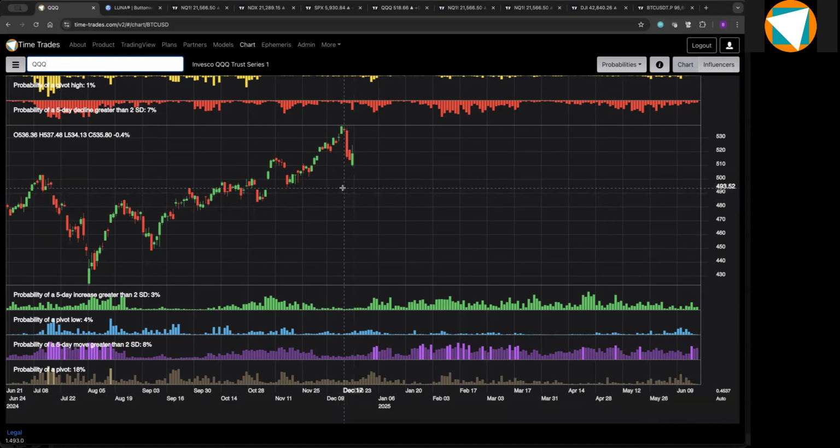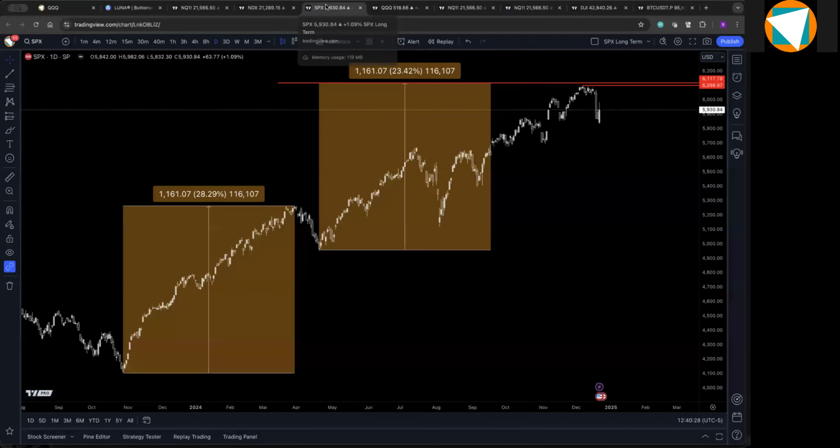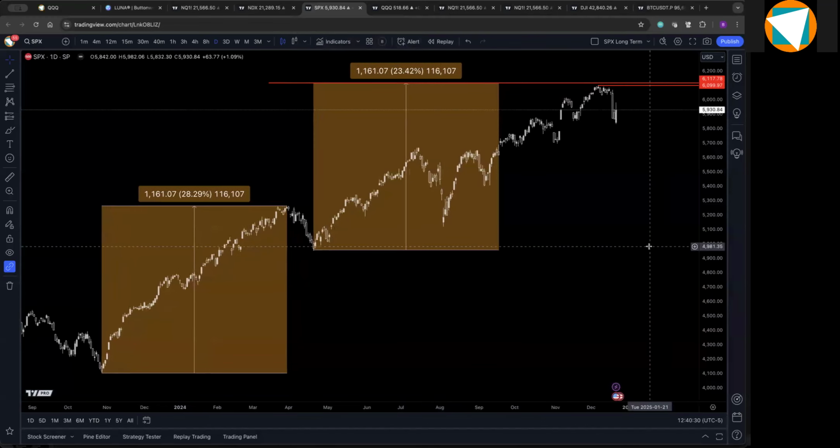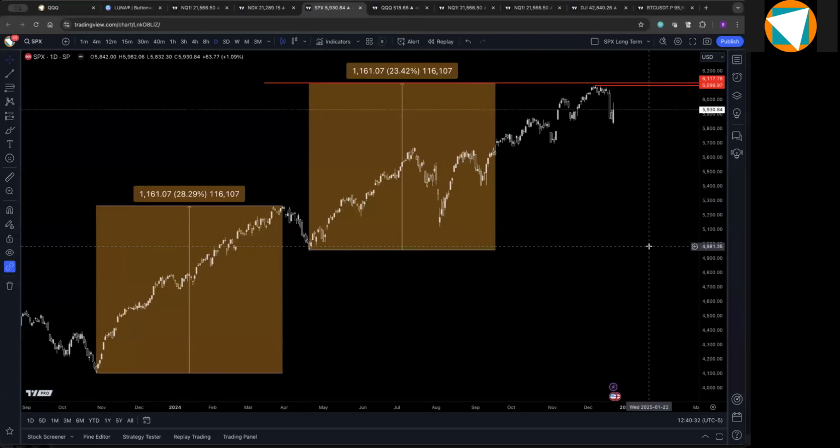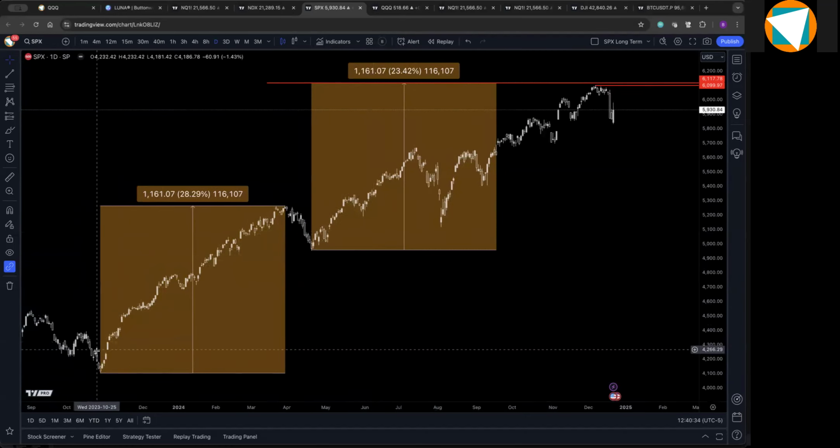All right. Now, what I want to talk about is: is this a major top? So let's take a look at some long-term charts here. Well, this is still a daily chart, but it's still got a lot of data on it. So this is the SPX daily. And what we're doing here is we're measuring basically an ABCD pattern.